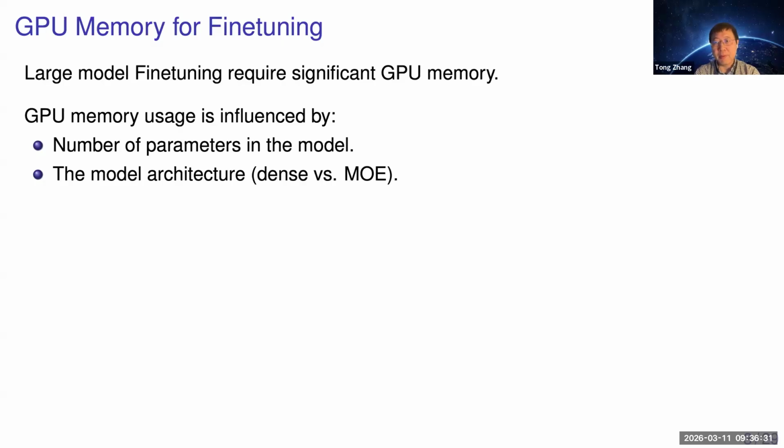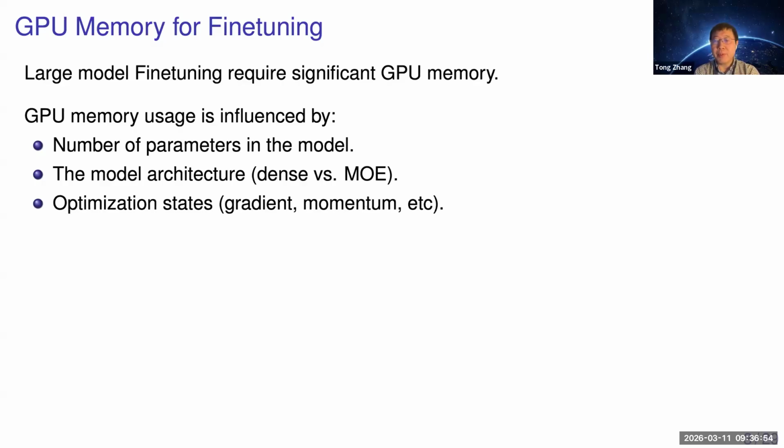So some information needs to be saved in GPU memory, and that information is affected by model architecture. Model architecture determines how much you save in the forward pass. Like MoE, you may save fewer, so this saves your computation.